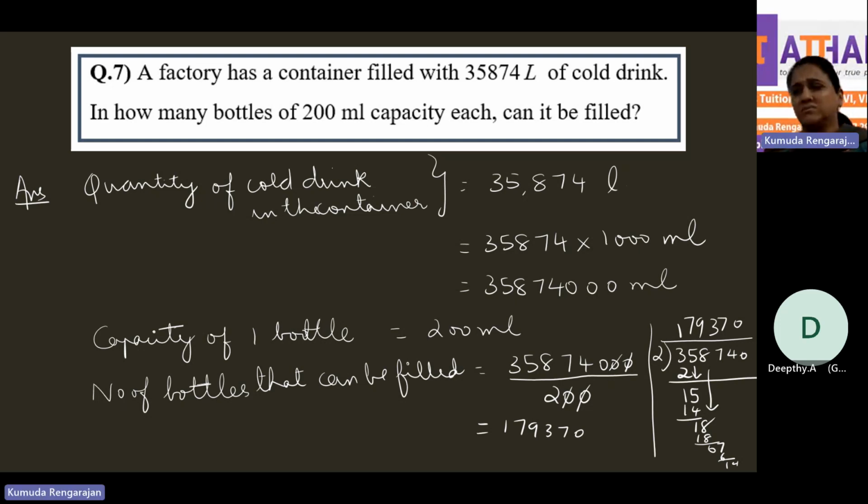Sit down, sit down. Actually, we could have done it with the liters, because we took out the zeros. Which zeros? While simplifying, the zeros get cancelled.